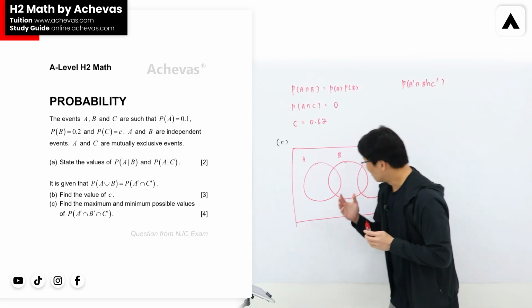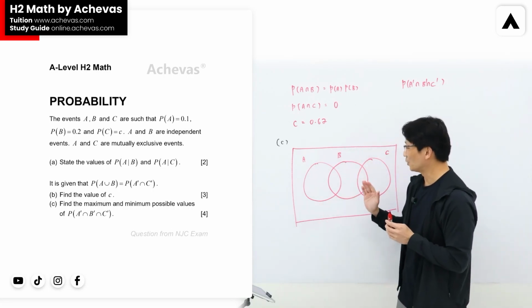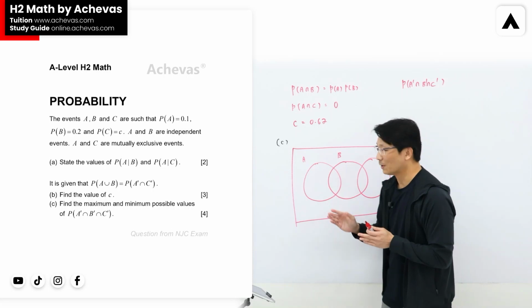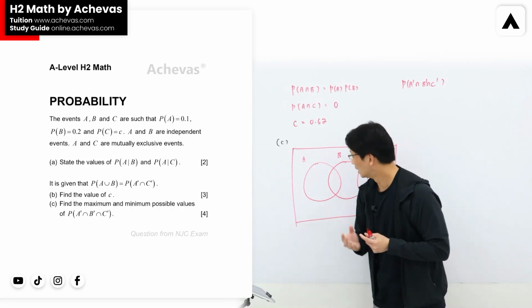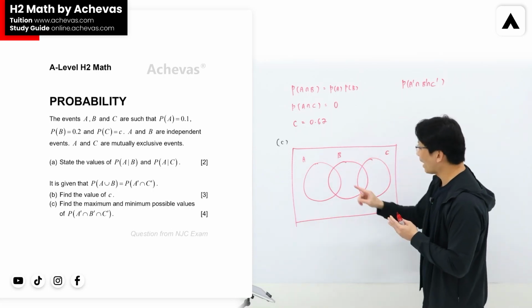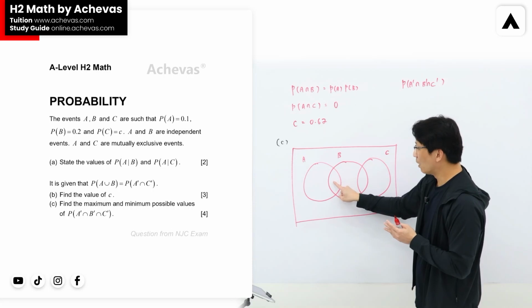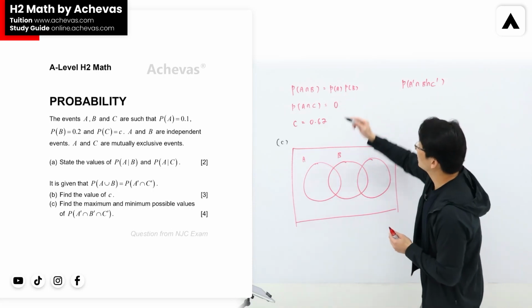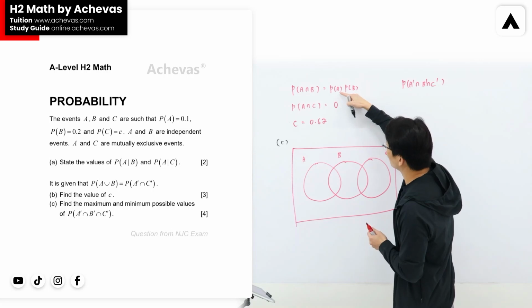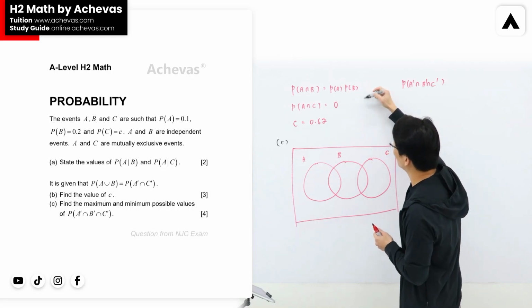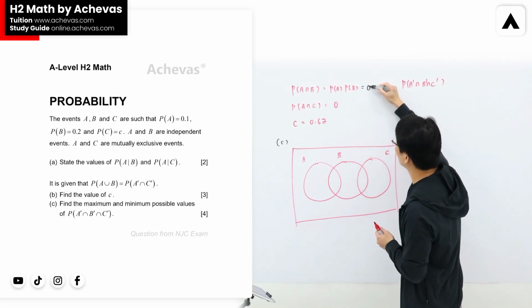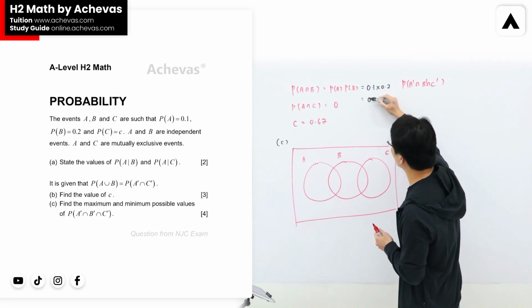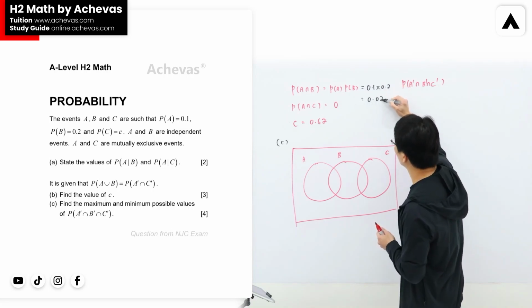Our first task for this type of question is to fill up each of these regions with a probability as much as possible. For example, I know that I can compute the value of A intersect B, since we are given the probability of A and the probability of B. I'm going to write down 0.1 multiplied by 0.2, which will give me a value of 0.02.